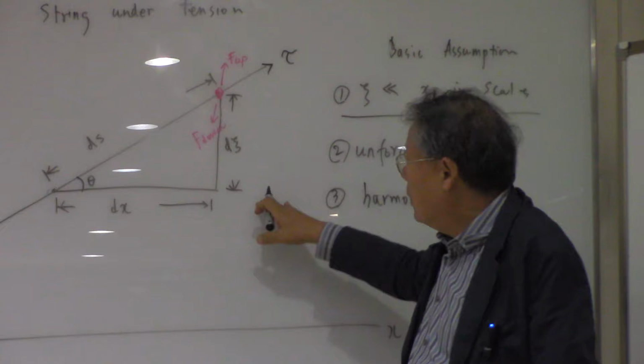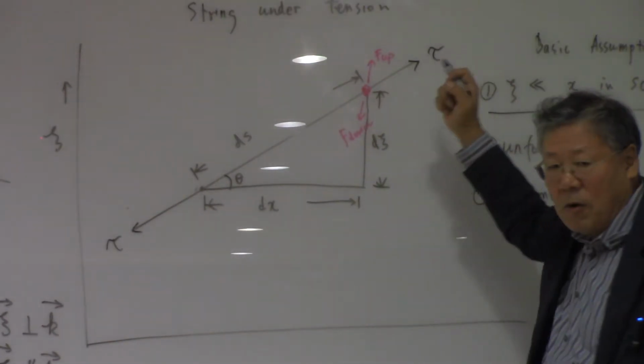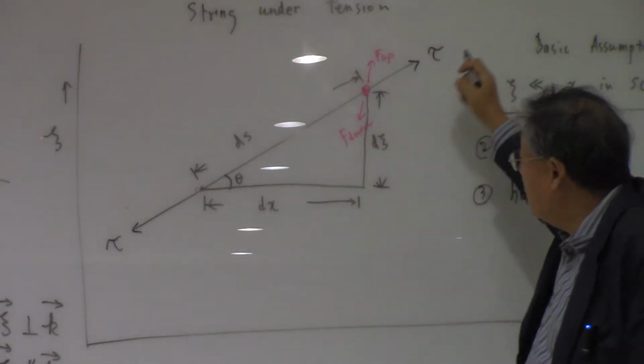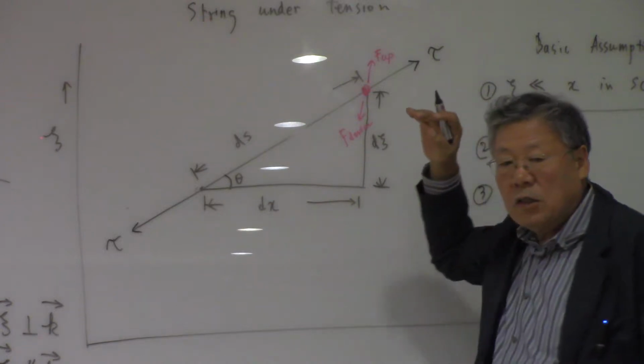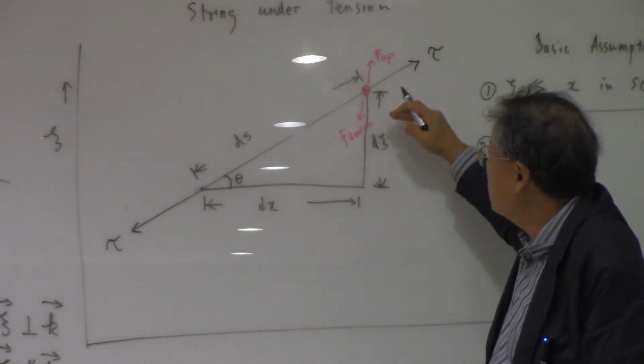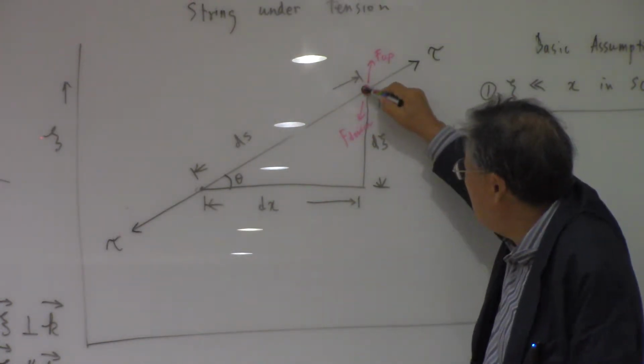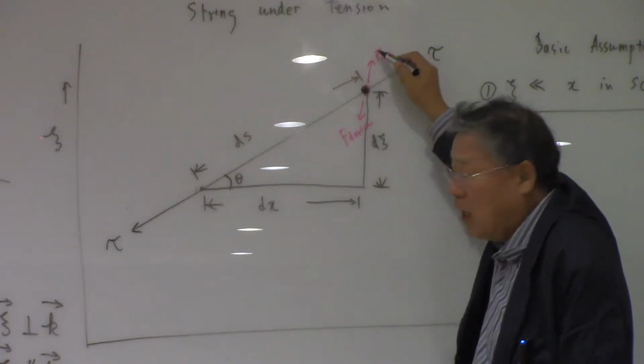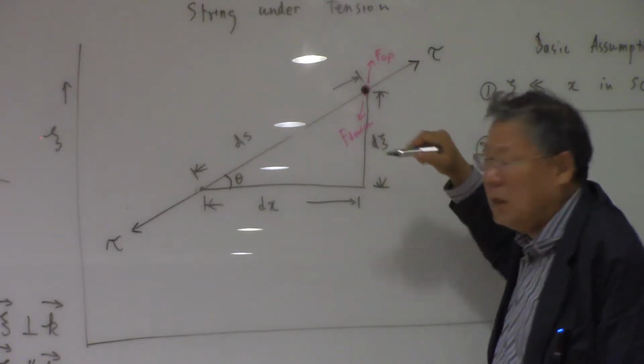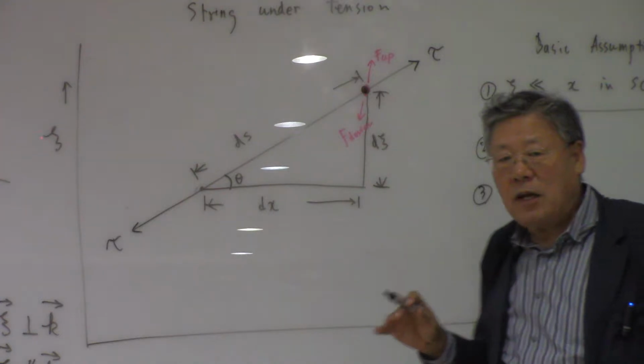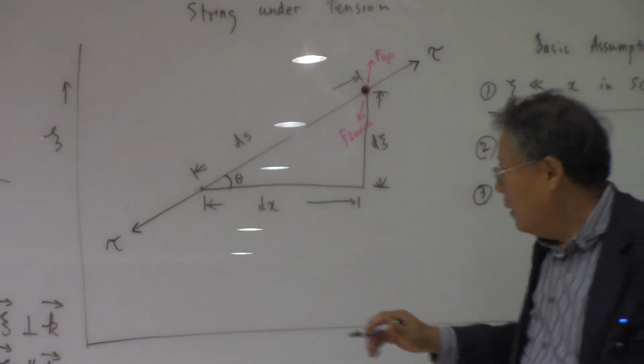So some part of this tension force is going to contribute to the force for this part going up and this part going down. So we have somehow an imbalance.